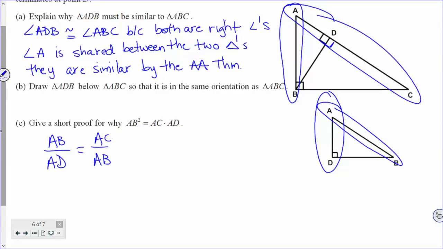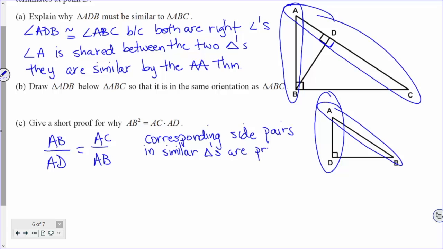All right, and the reason for that is corresponding side pairs in similar triangles are proportional.